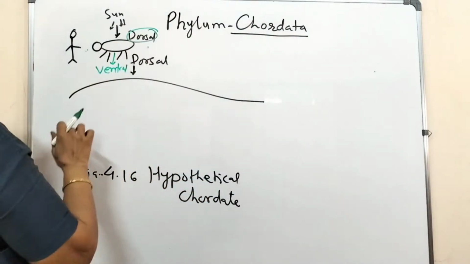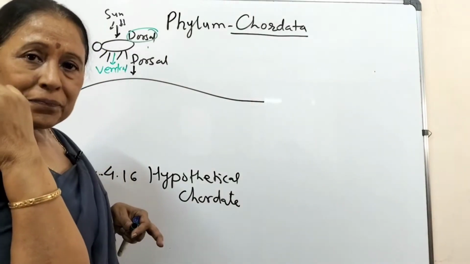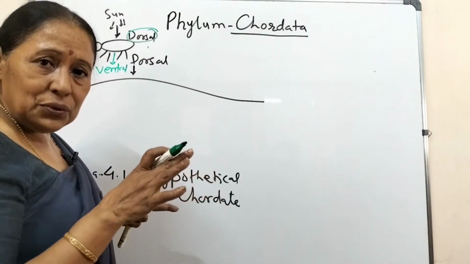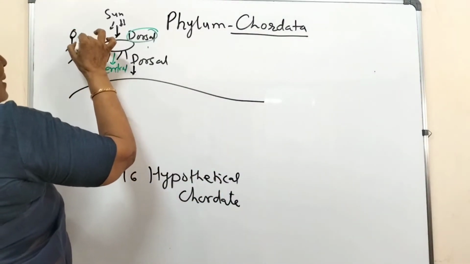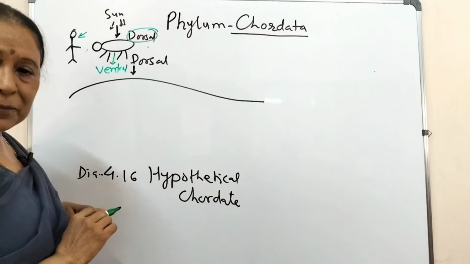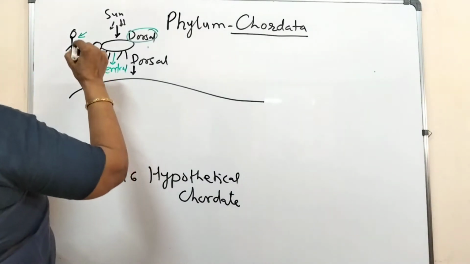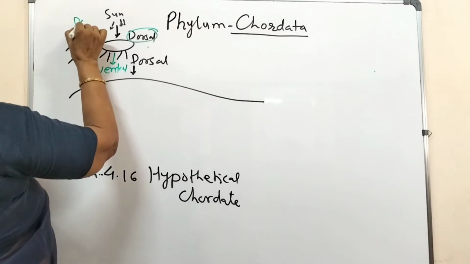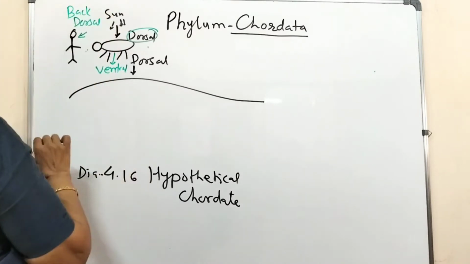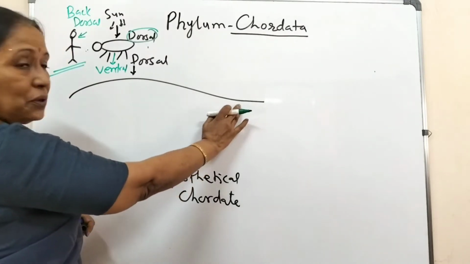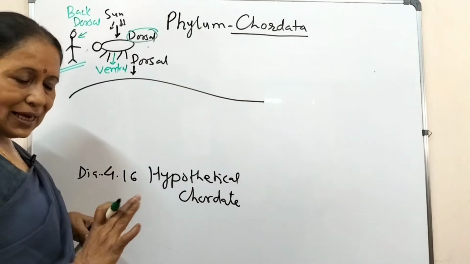So in the case of a human being, our back side, though we are now on our 2 hind limbs, you will still find is of darker color. And on the ventral side the skin is softer. So the back side is the dorsal side. Here, the hypothetical chordate which we are drawing, first we have shown the dorsal side.